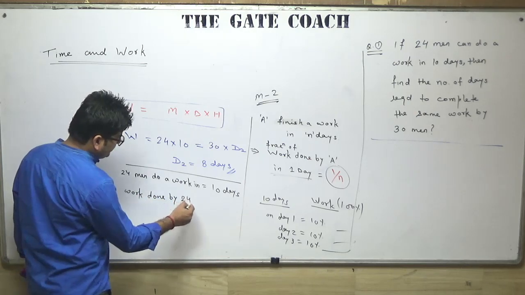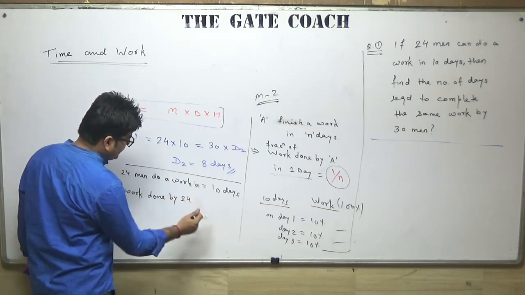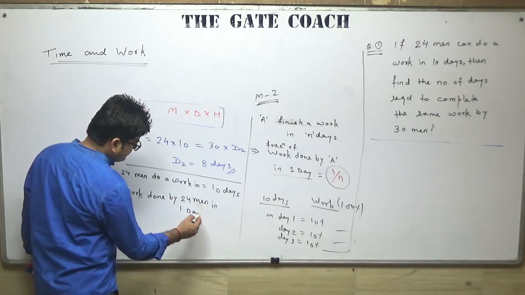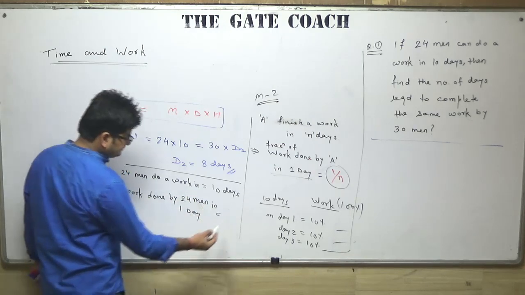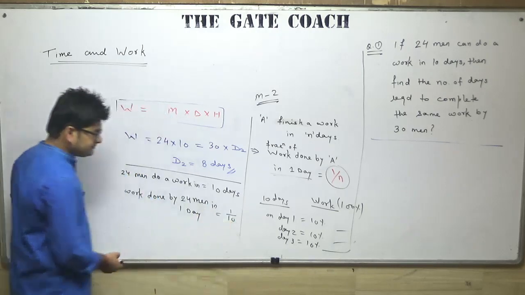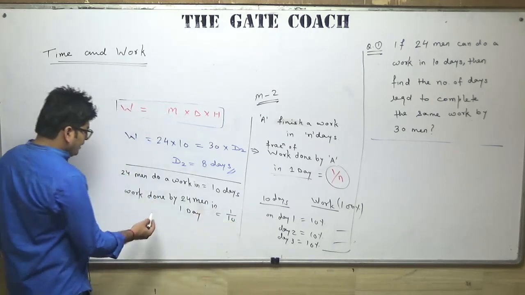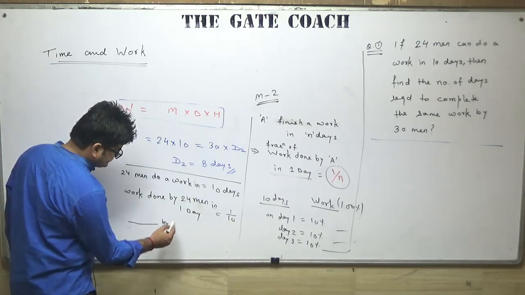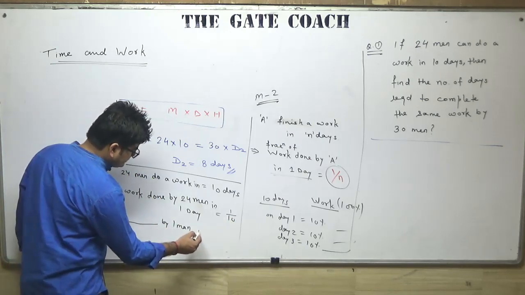Then work done by 24 men in 1 day is equal to 1 by 10. So what will be the work done by 1 man in 1 day?